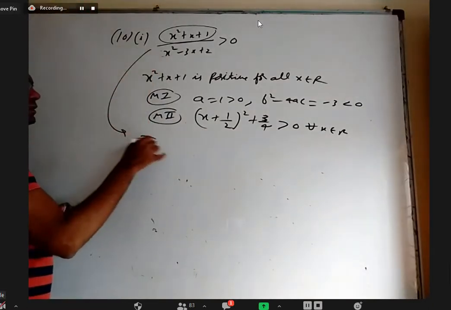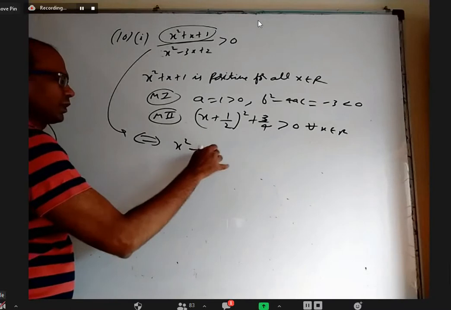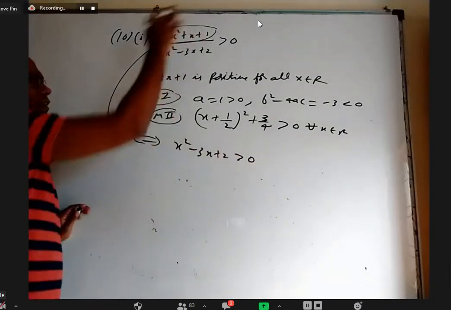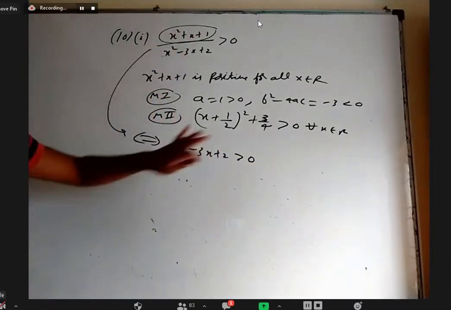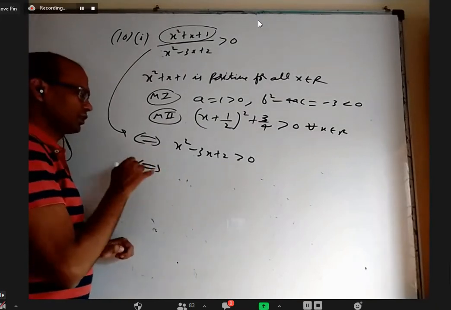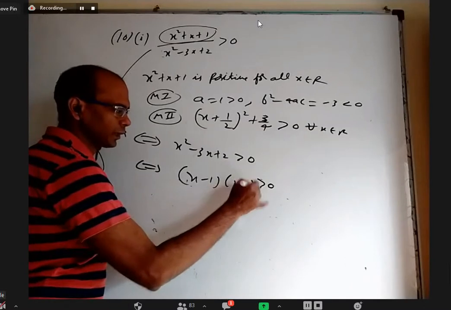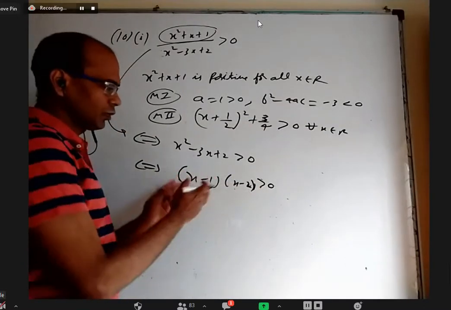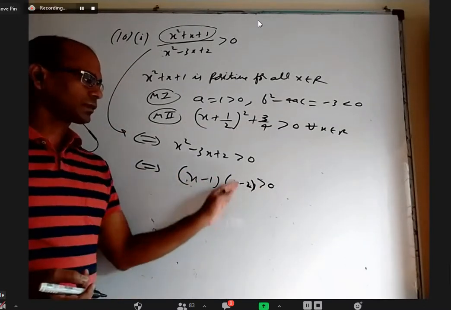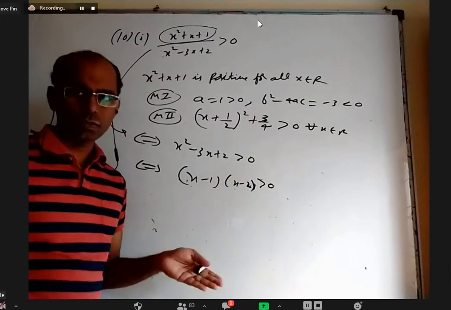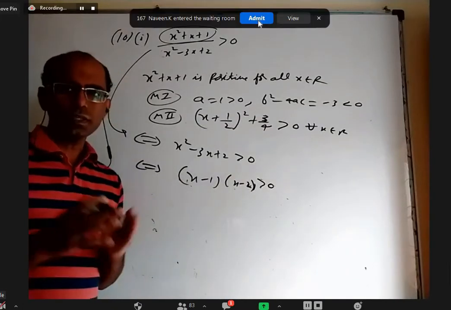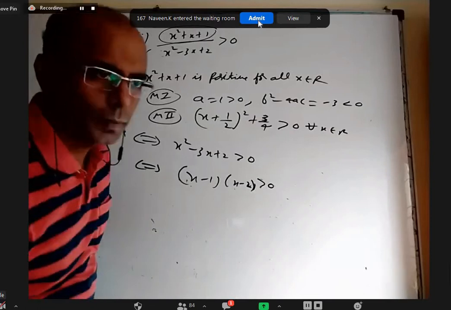So from this I can say double implies x square minus 3x plus 2 greater than 0. Numerator is anyway positive. If denominator is positive, then the ratio is positive. This double implies x minus 1 into x minus 2 is greater than 0. I told you, remember, whenever you want a quadratic expression x minus alpha and x minus beta greater than 0, it is outside the roots. Whenever you want less than 0, it is between the roots.